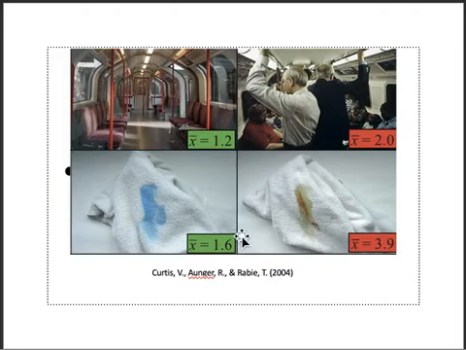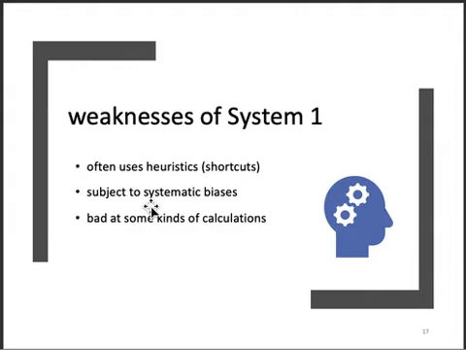And similarly here, the color of the liquid. So System 1 in many cases uses shortcuts to arrive at its conclusions. But because it's using shortcuts and very quickly trying to solve these problems, it's subject to biases, or systematic biases. We'll see some examples of that in a moment.